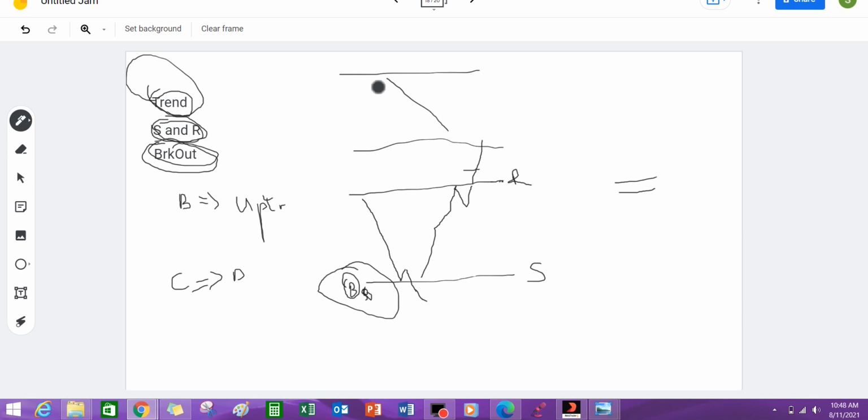At that stage, when the market is on downtrend, every support level is very important, no matter how small it is. Sorry, I'm talking about crash. Every resistance level is important in crash, no matter how small the resistance level is, okay.